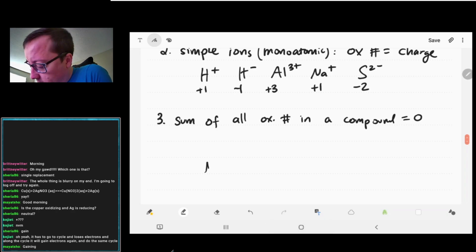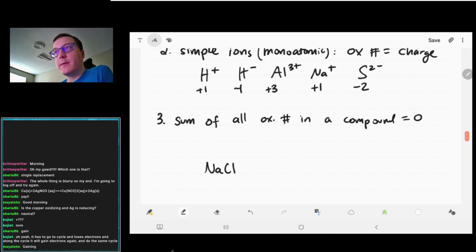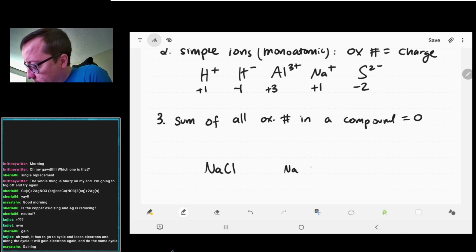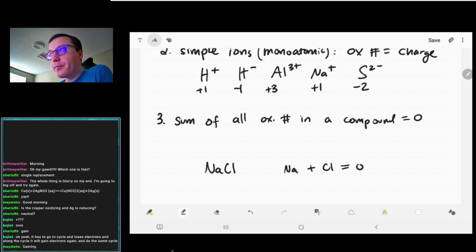Here is one of our favorite compounds. This one happens to be made of simple ions, so it should be easy for us. We know that the oxidation number of sodium and the oxidation number of chlorine must equal 0 because it's a compound, right?